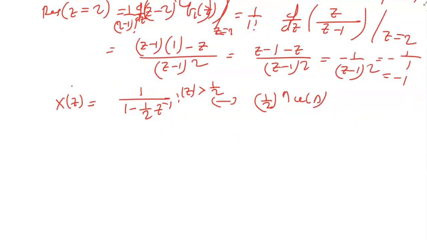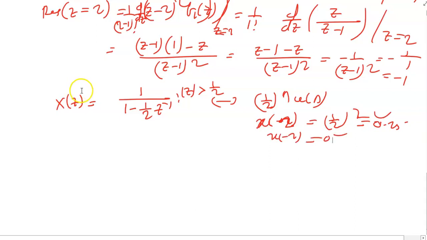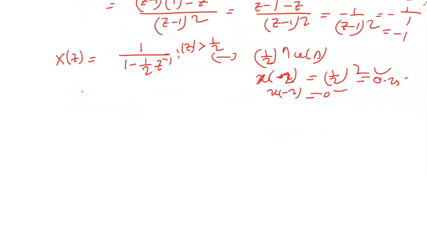And you can find out the values, for example x of minus 2 will be 0, obviously x of 2 will be half to the square, that is 0.25, and x of minus 2 will be 0. We need to prove this through direct example. Clear? Let us move. So X(z) is equal to z upon z minus half, right?